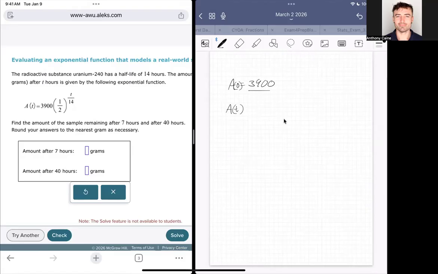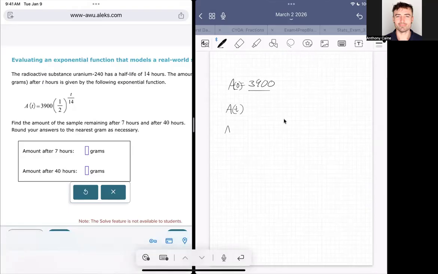To get the answer for how much is left after 7 hours, we just need to evaluate A of 7, and you can use a calculator for that. We have 3,900 times 1/2 to the 7 over 14 power, which is 3,900 times 1/2 to the 1/2 power. Really, at any point, you could use a calculator.